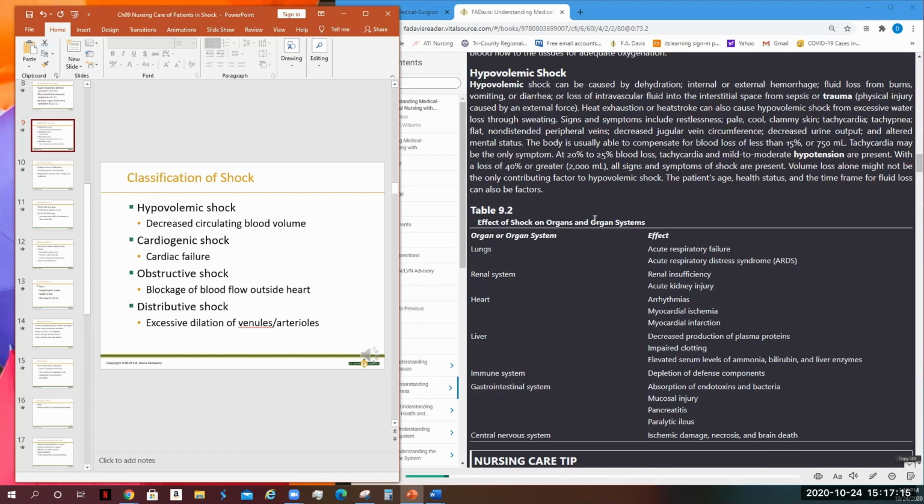With a loss of 40% or greater, like 2 liters, all signs and symptoms of shock are present. Volume loss alone might not be the contributing factor to hypovolemic shock. The patient's age, health status, and the time frame for fluid loss can also be factors.